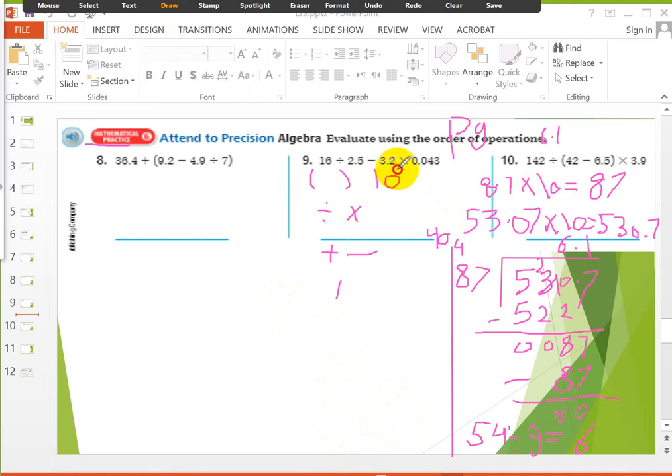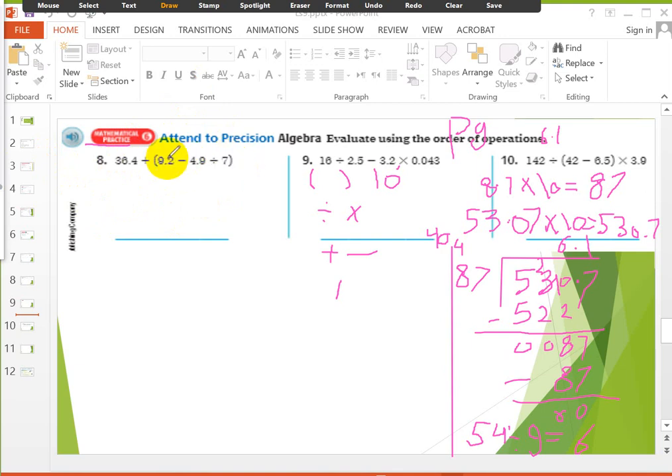After that, I will start with division and multiplication. After that, I will finish with addition and subtraction. So the first thing I will do to find the answer for this math sentence is start with the parentheses. So I will forget this now and go to the parentheses.